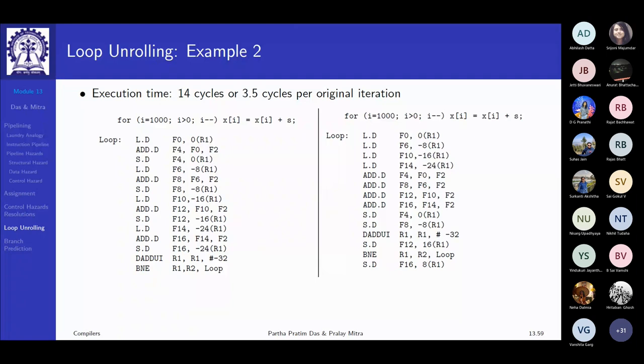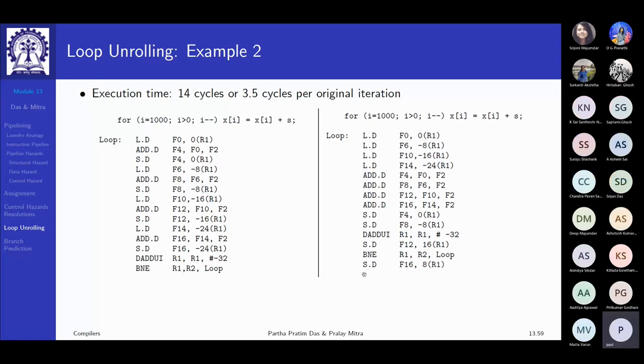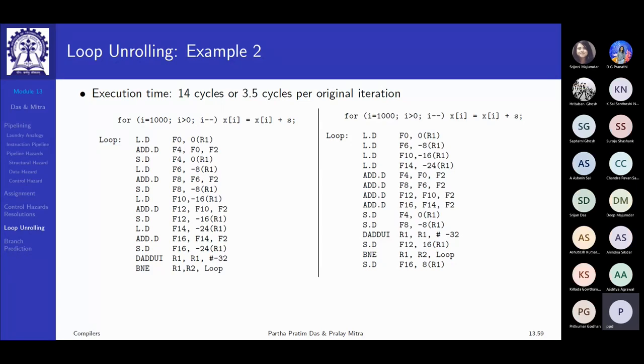If you look at this now, this whole sequence of instructions has no stall. And I have 4 load, 4 add, 4 store, 12 workload instructions, and 2 overhead instructions, 14 instructions, executed in 14 cycles. Okay?